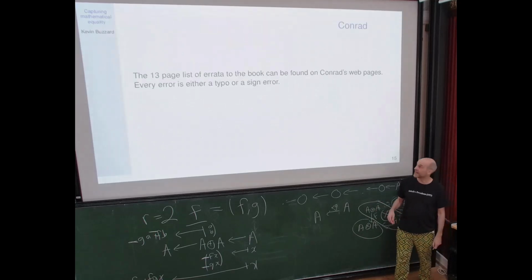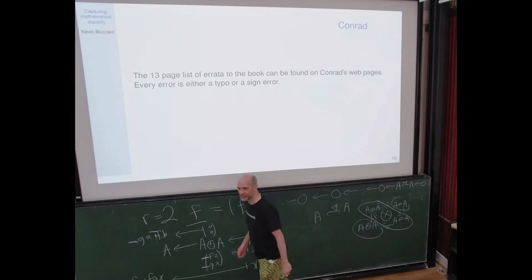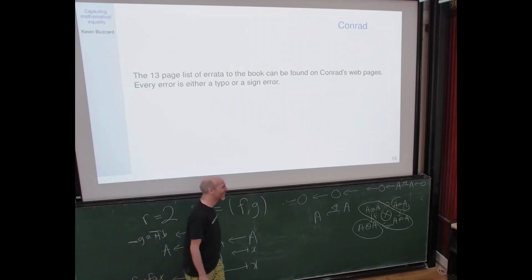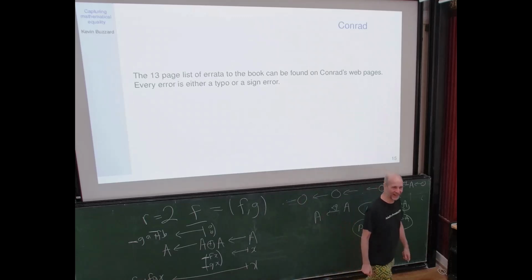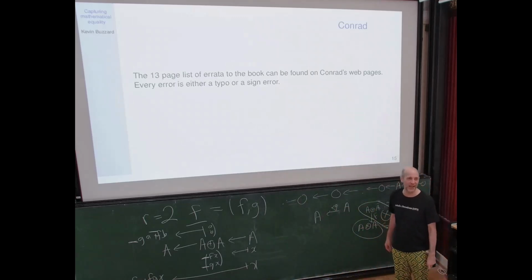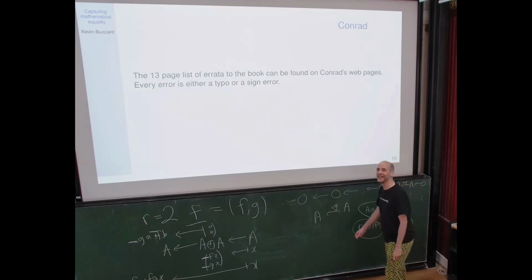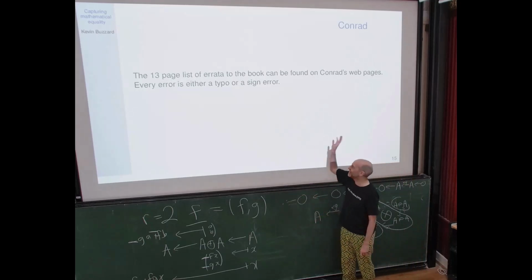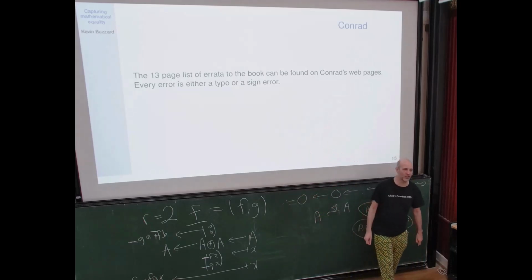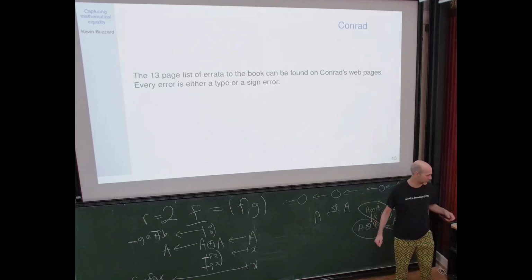There's a 13-page list of errata on his website, so that taught him. And every single one is either, oh, there's just a stupid typo, or oh, there's a sign error. And this is the foundations of modern duality on which a lot of algebraic geometry is done.